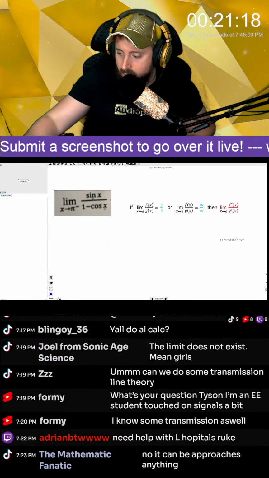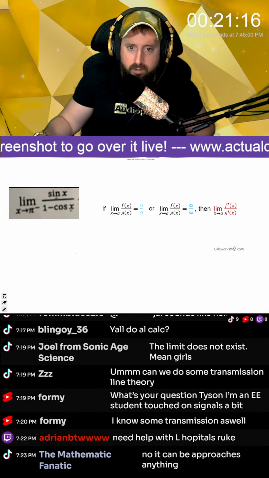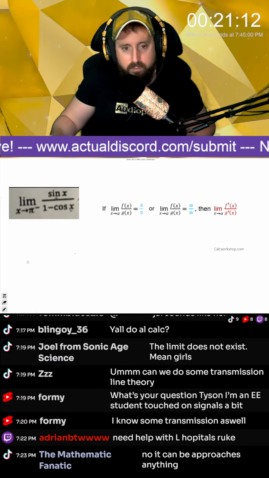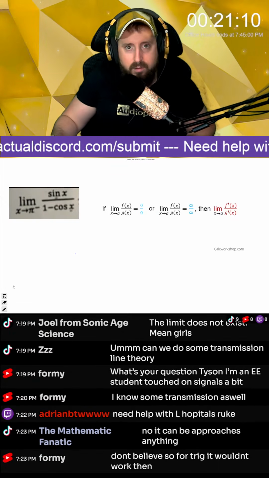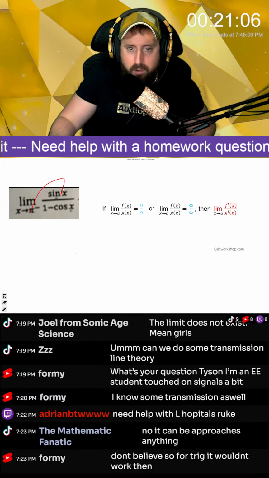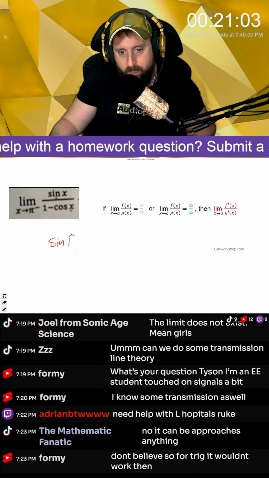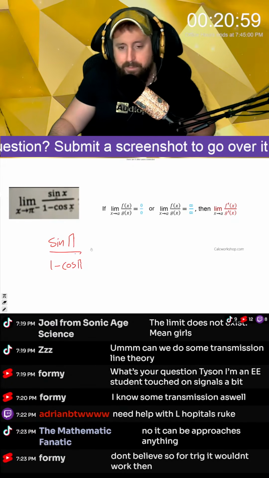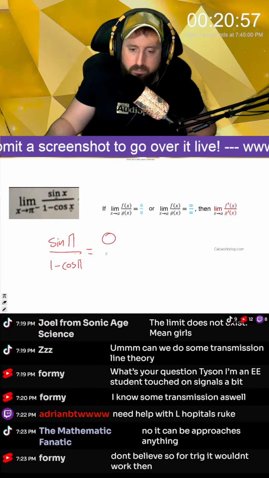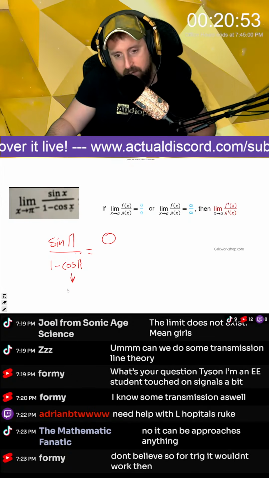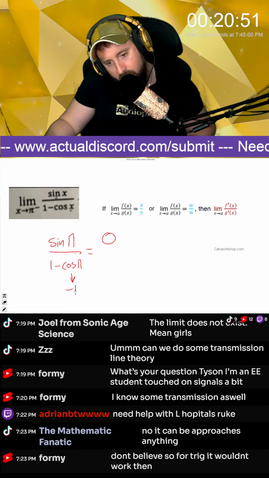Thank you. Okay. So whenever you see a limit like this, just plug in the value and see what happens. So if I plug in sine of pi over 1 minus the cosine of pi, well, sine of pi is equal to 0. Cosine of pi is equal to negative 1.